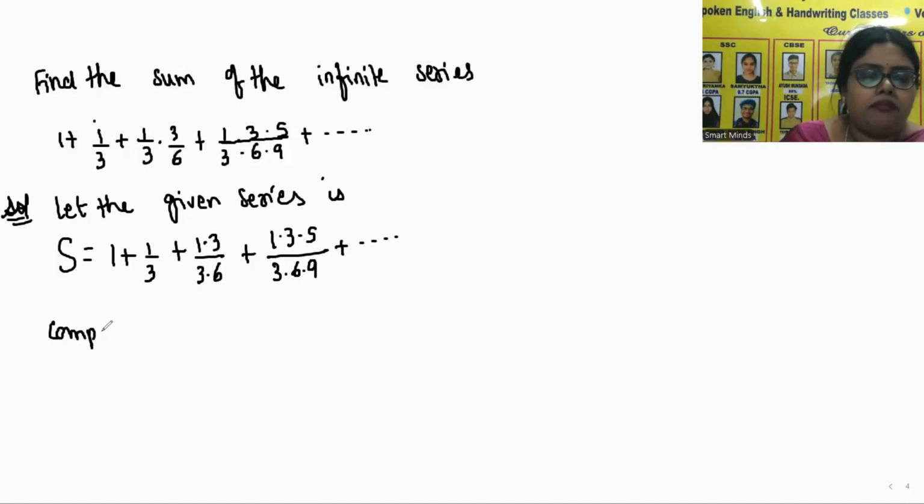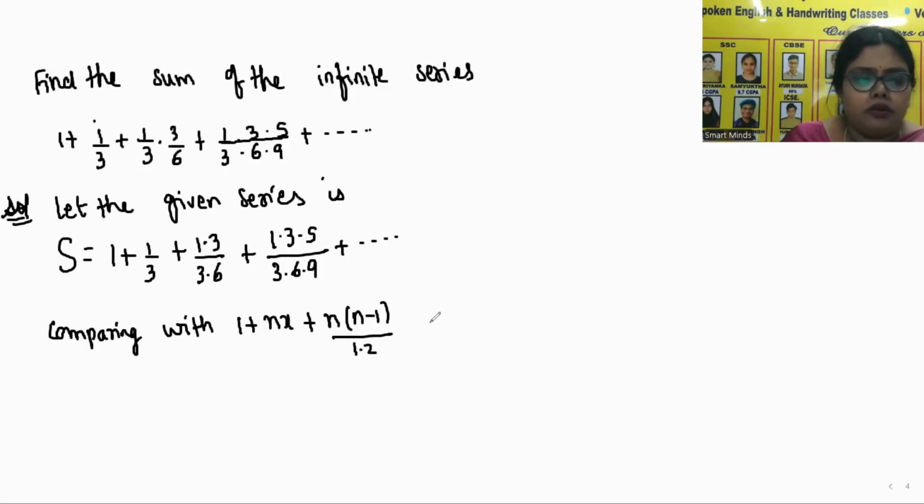Now comparing with 1 plus nx plus n into (n minus 1) by (1 into 2) into x square plus so on. This is the standard form. So over here you can see in the place of nx, you have 1 by 3.